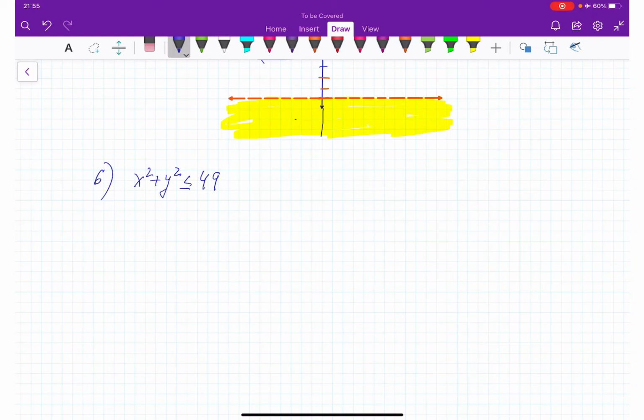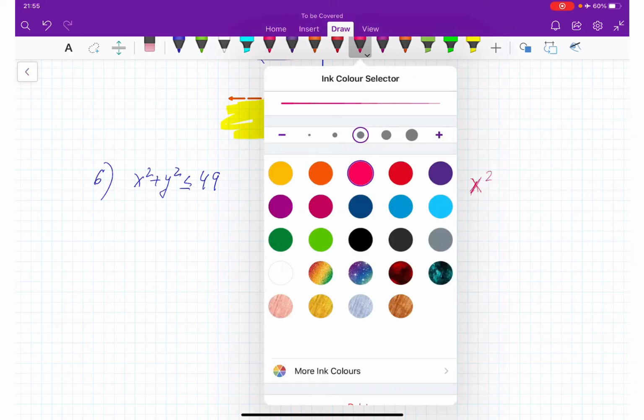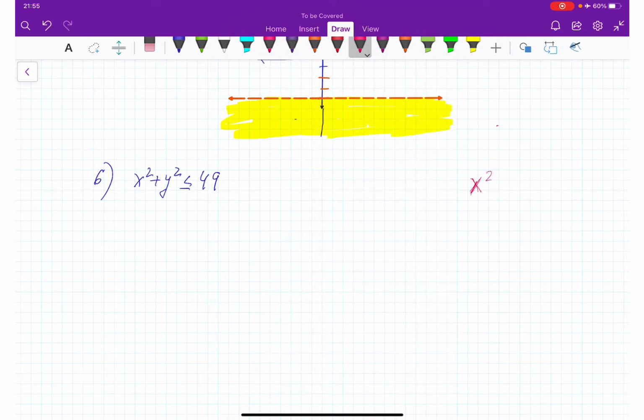The circle says x squared, let me make a thicker one. x squared plus y squared is equal to, let's say, radius squared.